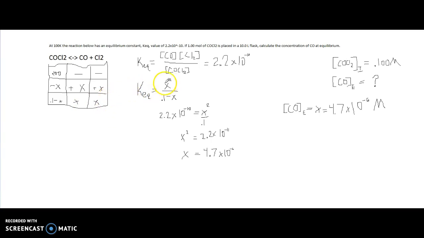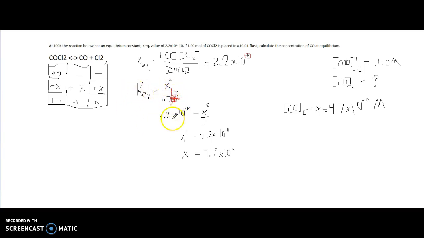So you have x times x, or x squared, just to make it simpler, divided by 0.1 minus x. However, because of the 10 to the negative 10th power, you know that this x right here isn't going to matter, so you could basically just totally erase it from the problem.